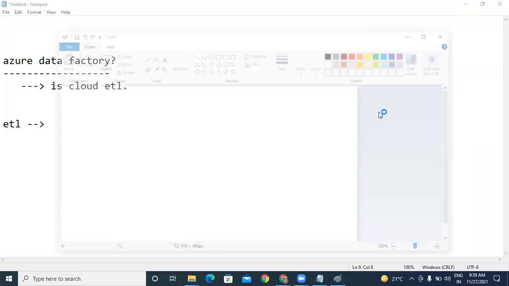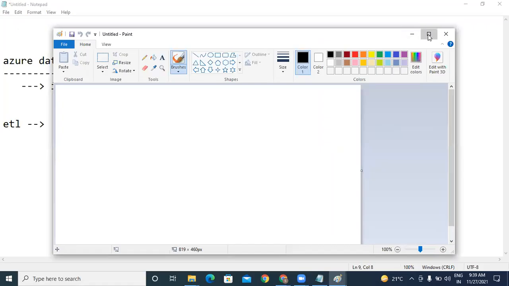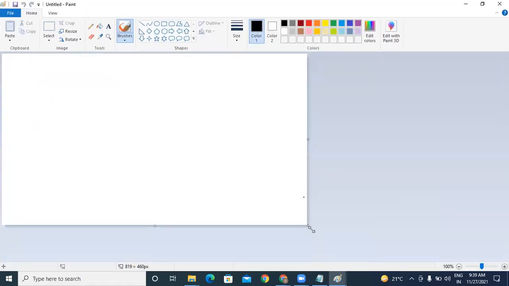I will demonstrate with Paint. Let's talk about one organization. For any organization, different applications are running. With the help of applications, end users or customers interact and perform transactions.